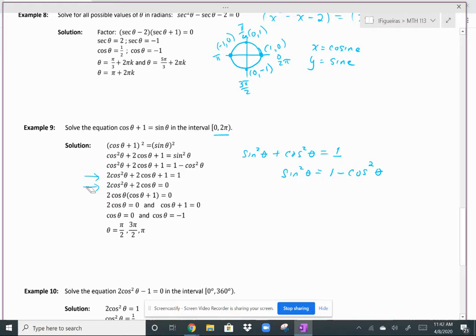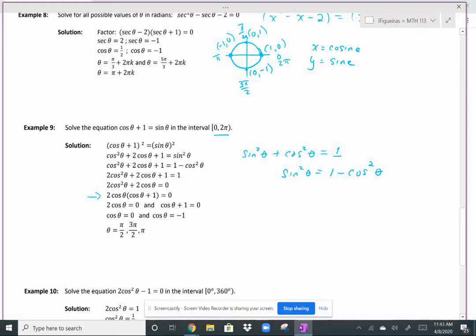So now I'm ready to factor. This one only has 2 terms, so we're not factoring it the way we did above as 2 binomials. We're just going to pull out the GCF first. So I factor out 2 cosine theta. That leaves me with cosine theta plus 1 being multiplied by that.